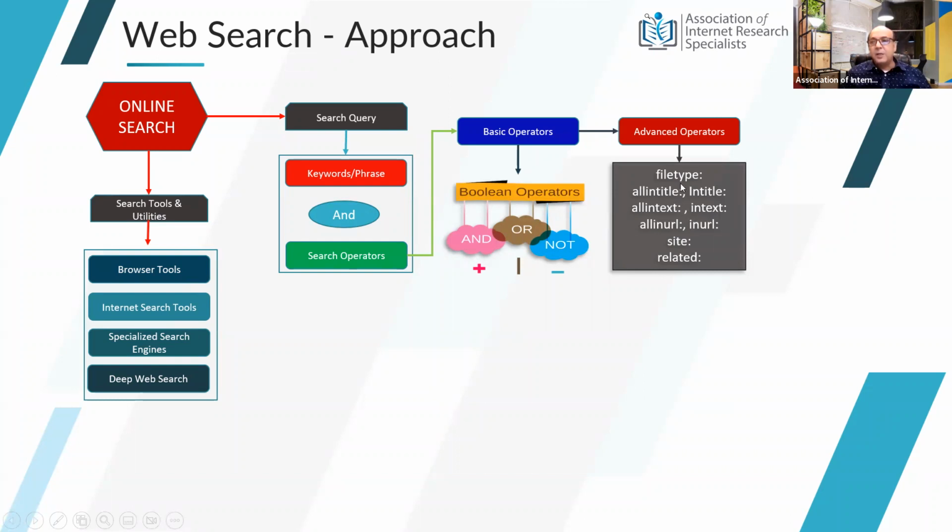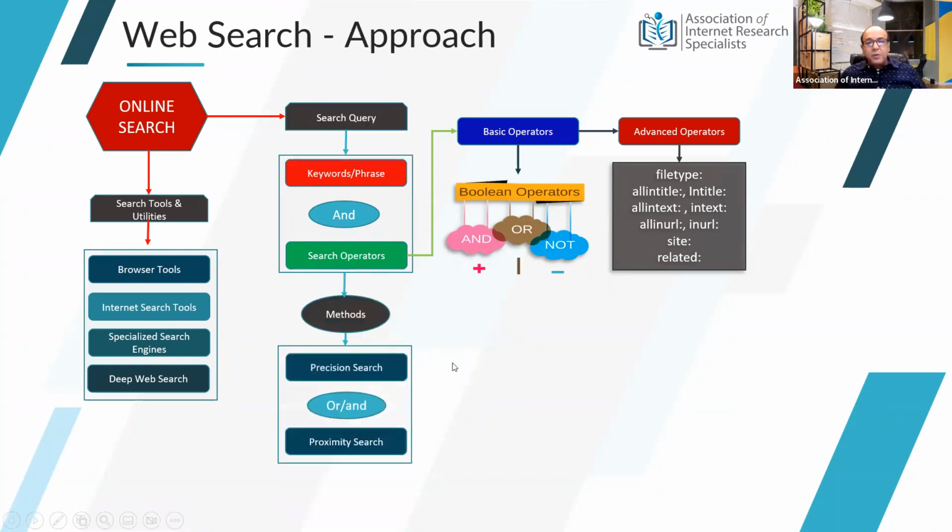So the colon sign is what makes it executable, a query command or operator. Then within the search operators, we'll be adopting two approaches: one is called precision search, and the other is proximity search, which is the one I'm going to start with.